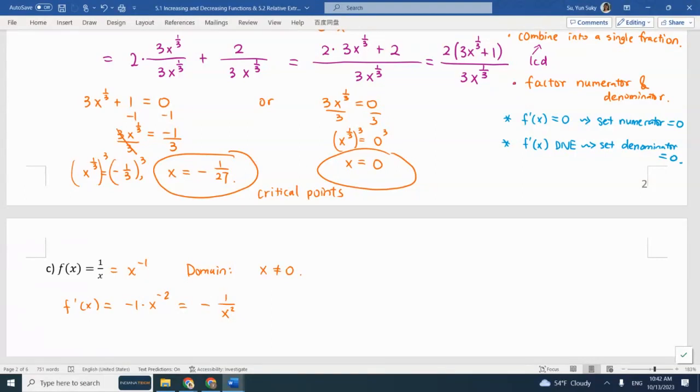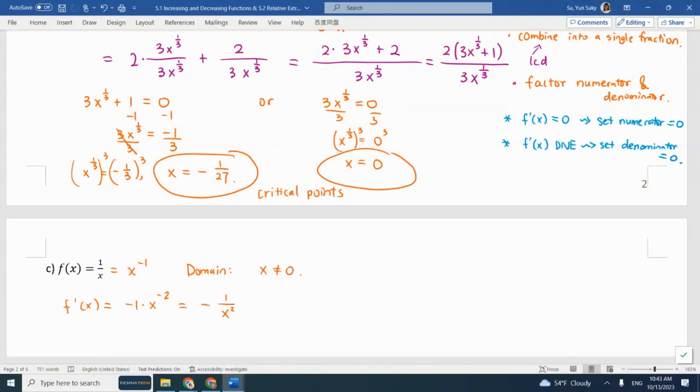By the way, in the previous problem, let's say -1/27 is here, and 0 is here. We have these critical points. This critical point corresponds to the derivative is 0, so maybe your picture looks like this. And this point corresponds to the derivative does not exist.